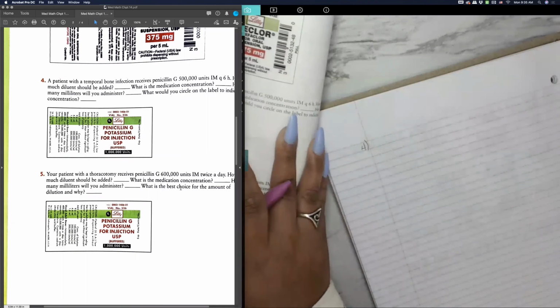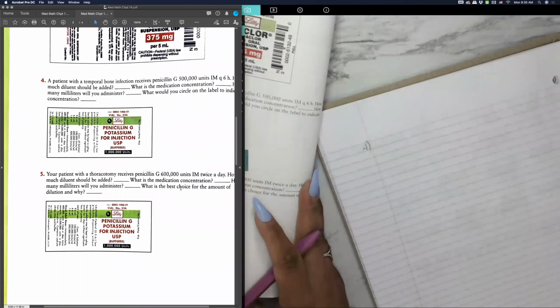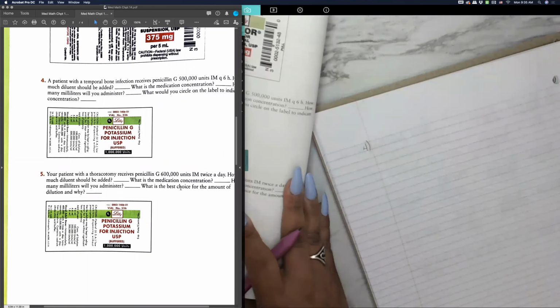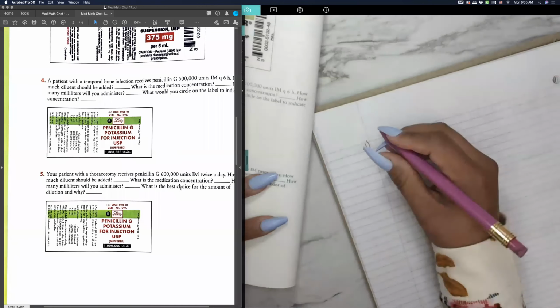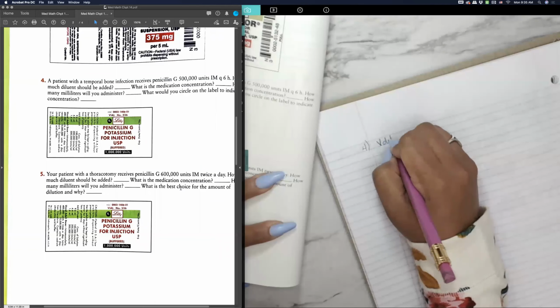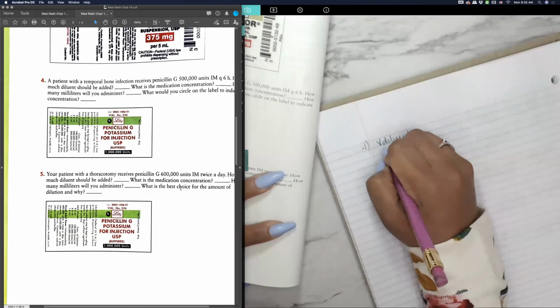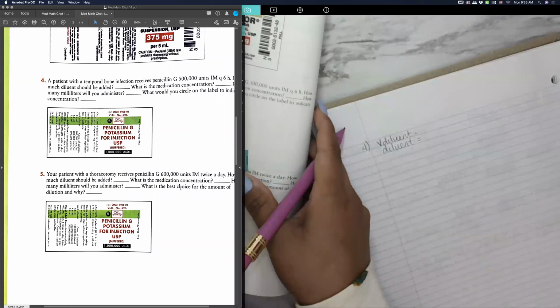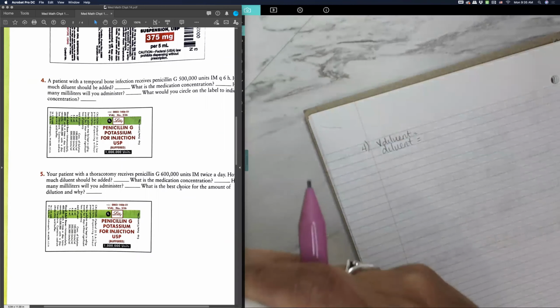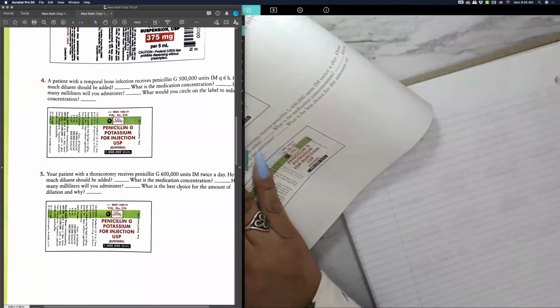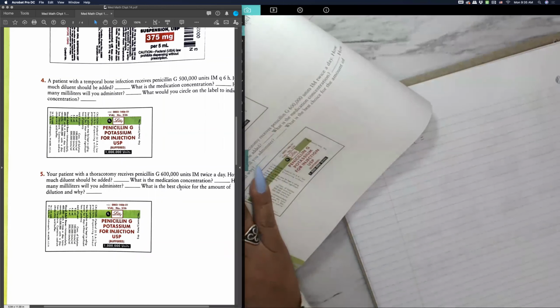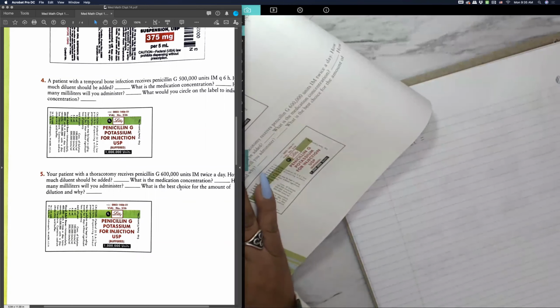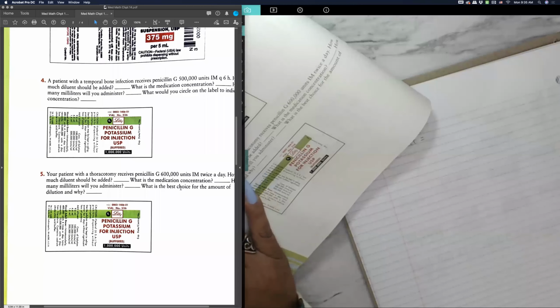Okay, so number 4 is a little bit different, but we're still going to go through our steps. So the volume of diluent and the diluent added. Reading the instructions, the sterile solution may be kept in refrigerator for 7 days without significant loss of potency.